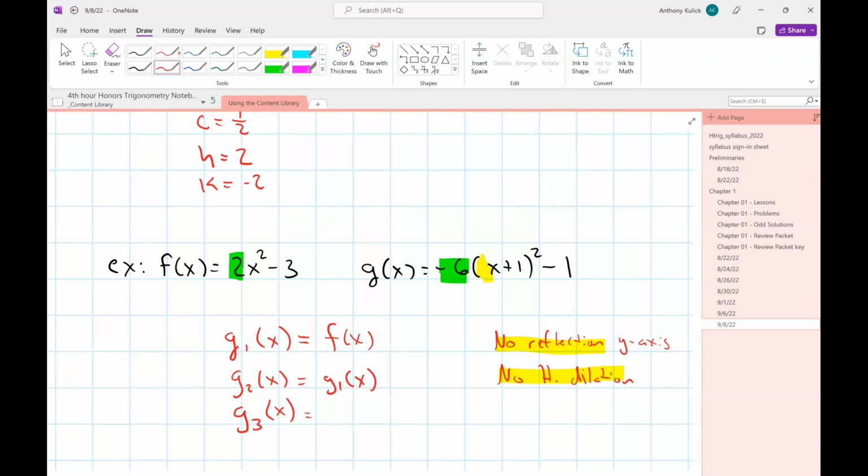And so we'll do that. And finally, I think it'll probably be easier to do it one step at a time. I'm going to make some space here, I guess.